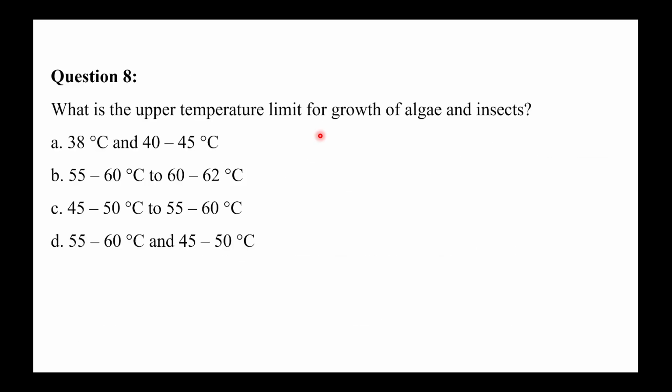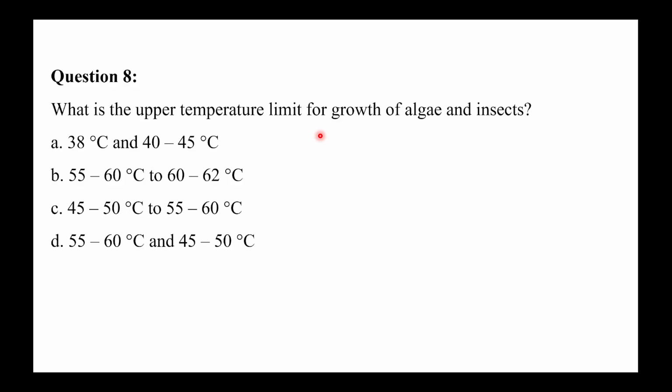Okay, moving on to the next question. What is the upper temperature limit for the growth of algae and for the growth of insects? Option A is 38 degrees Celsius for algae and 40 to 45 degrees Celsius for insects.